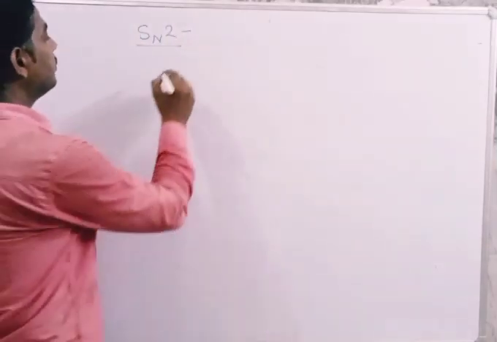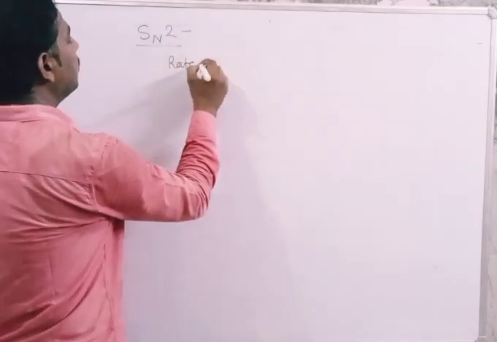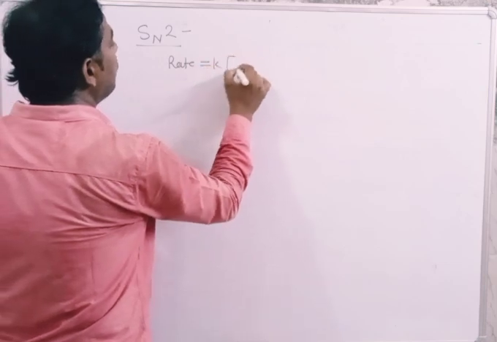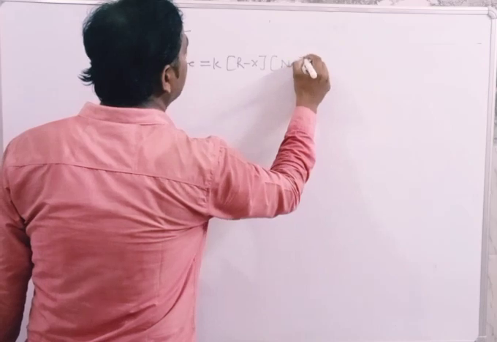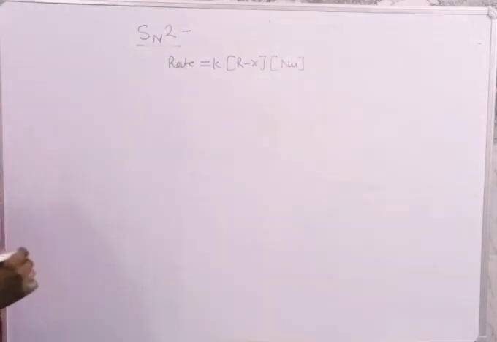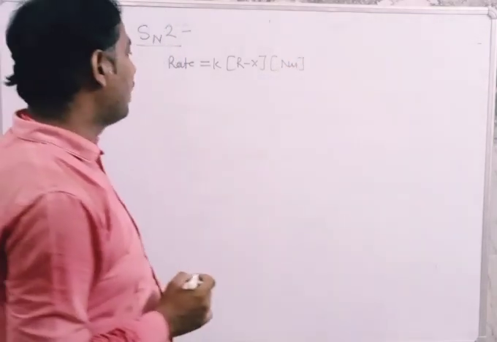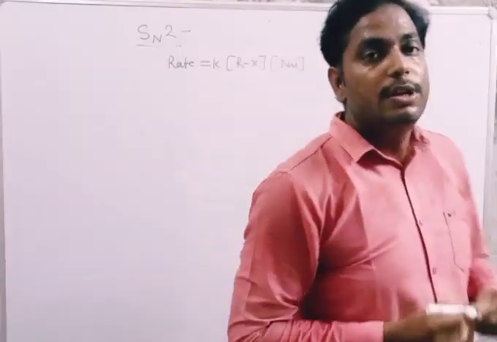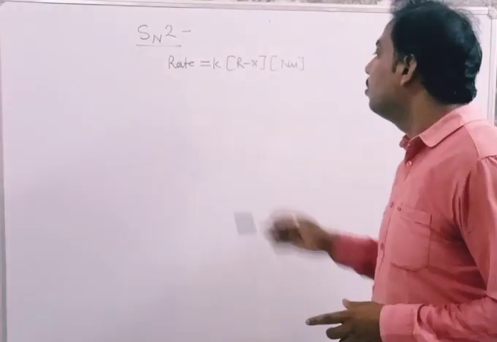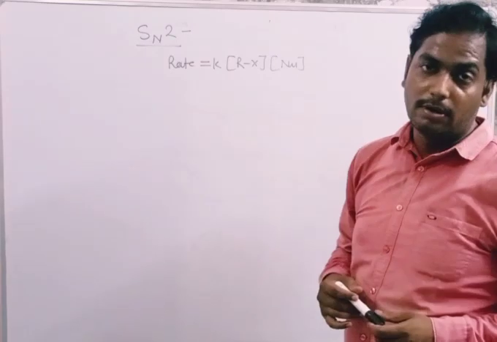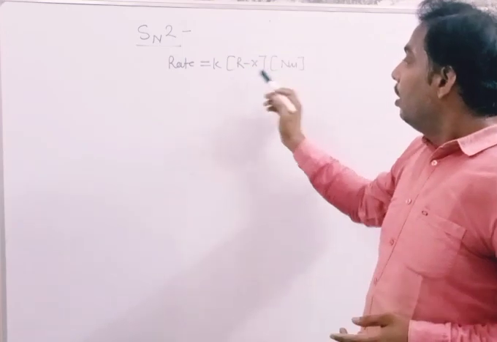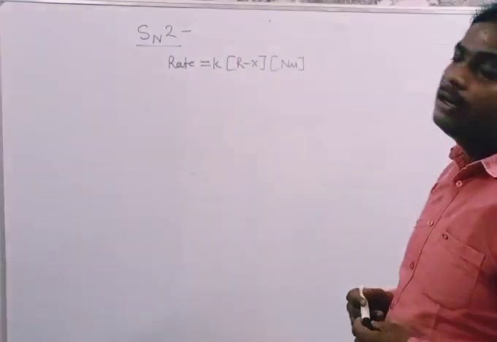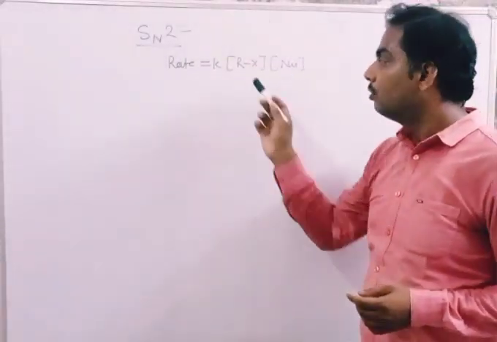Bimolecular means two molecules, meaning rate equals K times the active mass of RX along with the active mass of the nucleophile. It means the rate of reaction depends on the concentration of both molecules.